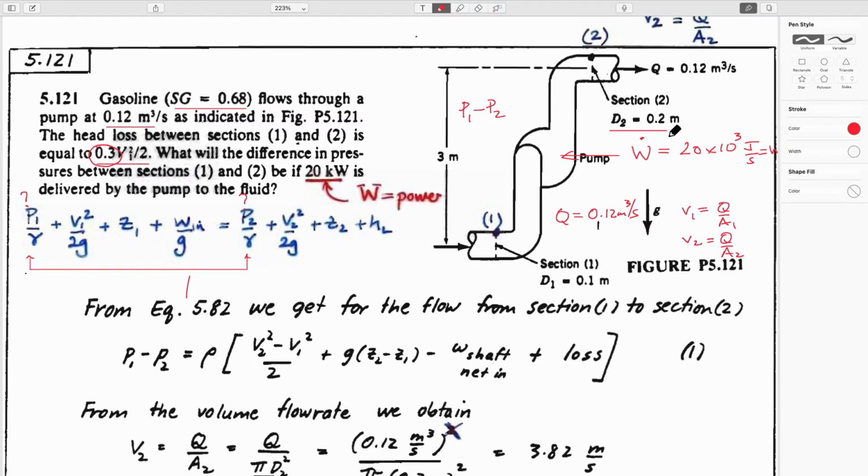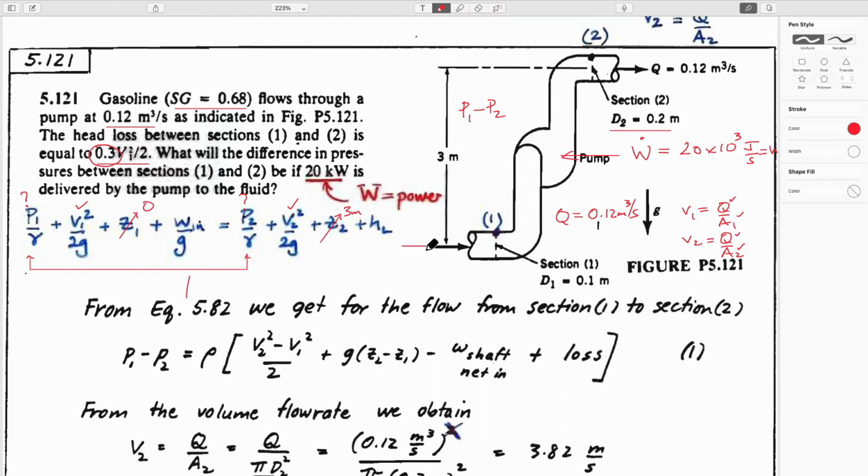So pi d squared upon 4 gives you the area for each of those. So we have an area, we have a flow rate, so we have V1 and V2 defined. We have an elevation difference between Z1 and Z2. So Z1 would be, I suppose, 0, and Z2 would be 3 meters.